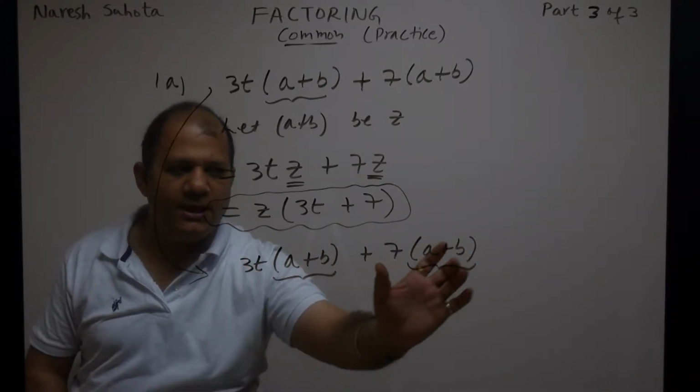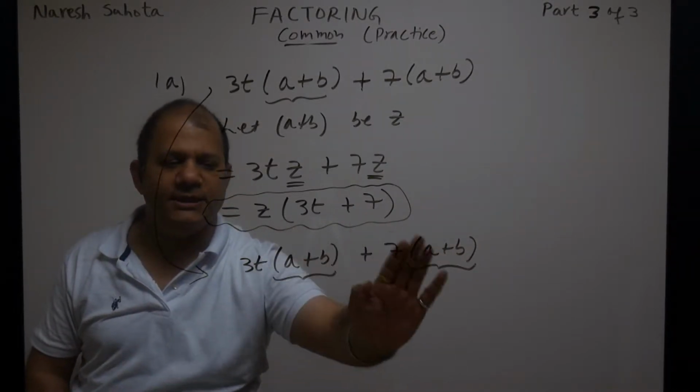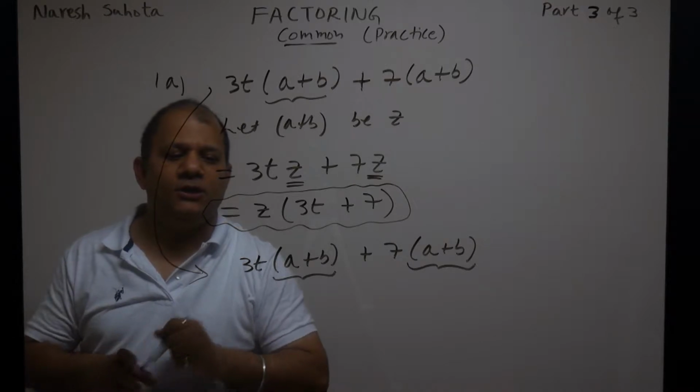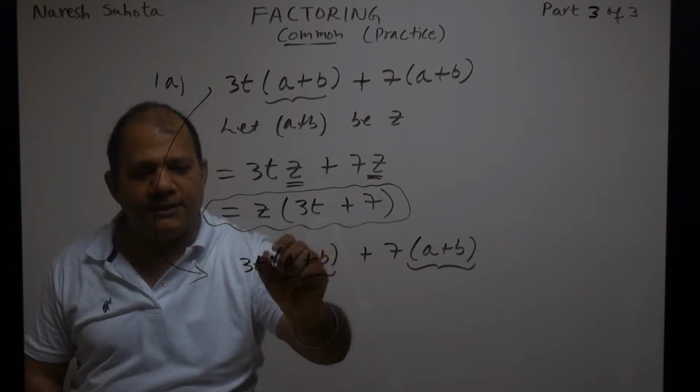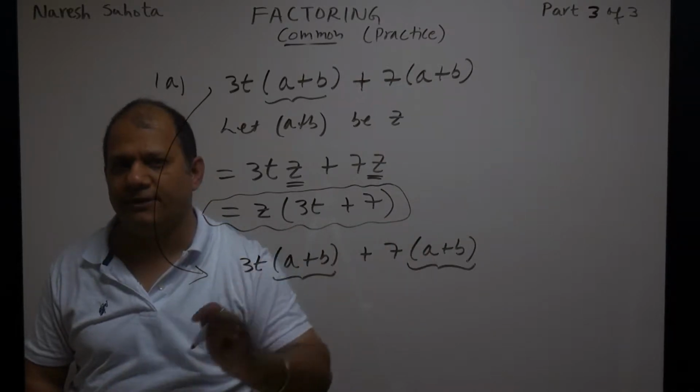So we have one term and a second term, and the operation is addition between these two terms, right? So learn to recognize that this bracket, a plus b, is common in both of these terms.